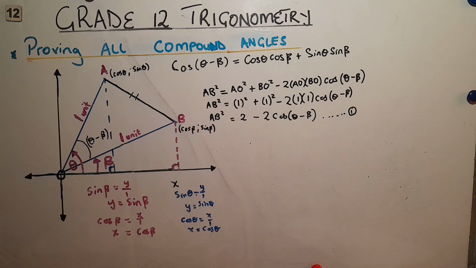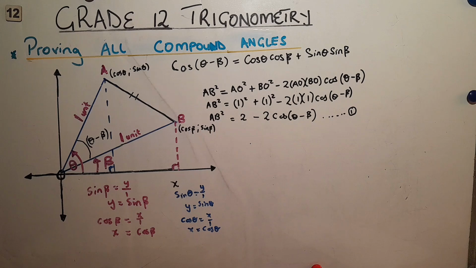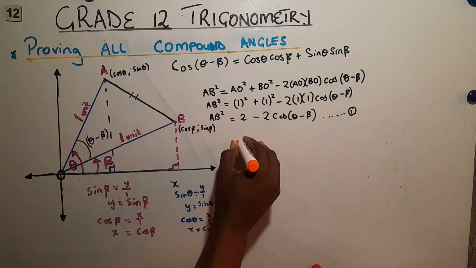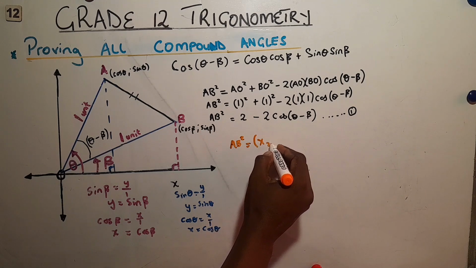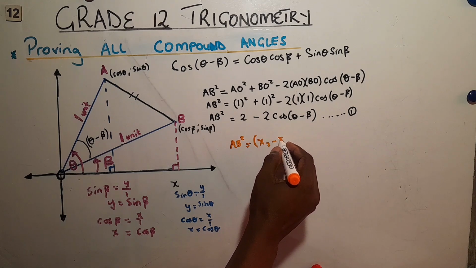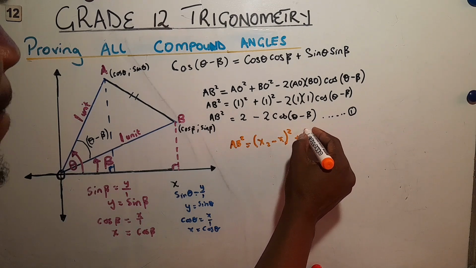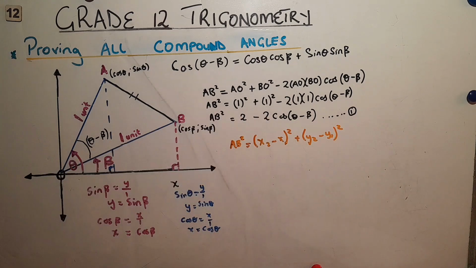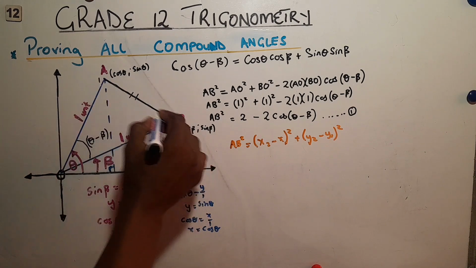So now we can use the distance formula between A and B. The distance formula: AB squared becomes x2 minus x1, squared, plus y2 minus y1 squared. That's the distance formula, right? So we can take this as our point number 1, this one as our point number 2.